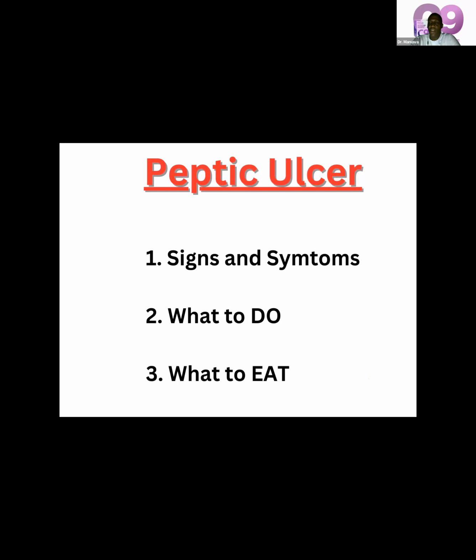The second thing to do is that if you have peptic ulcer and you understand your aggravating factors, meaning what will prompt the ulcer to come back, or what will make you feel the pain more, increase the pain.